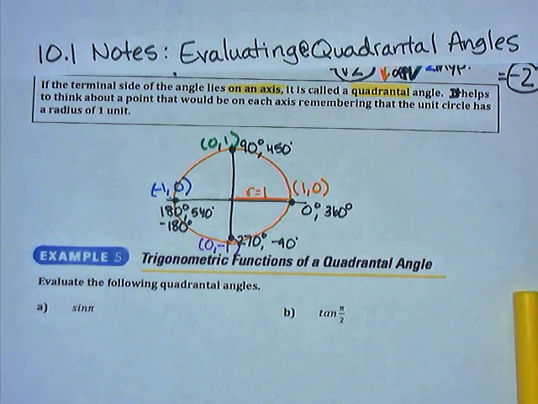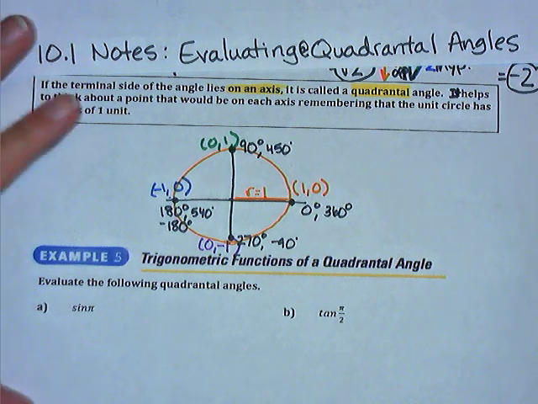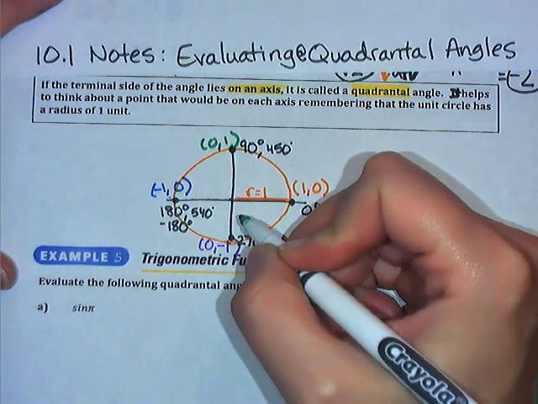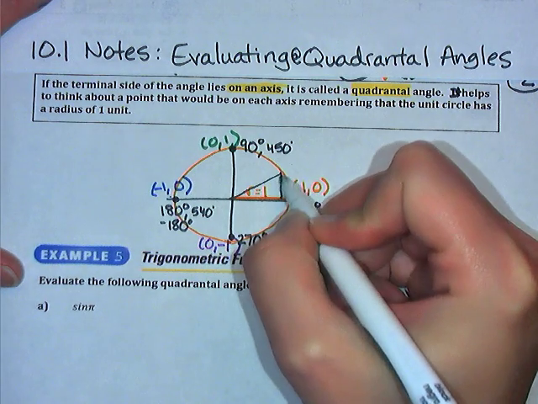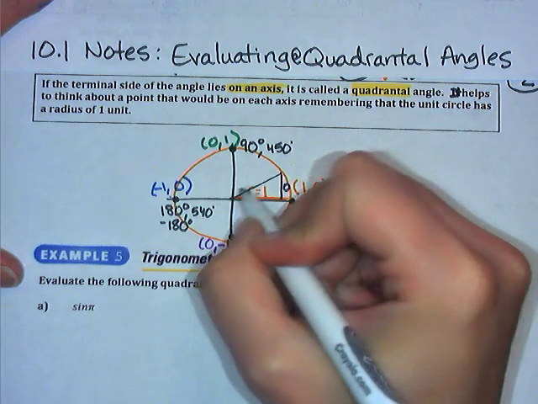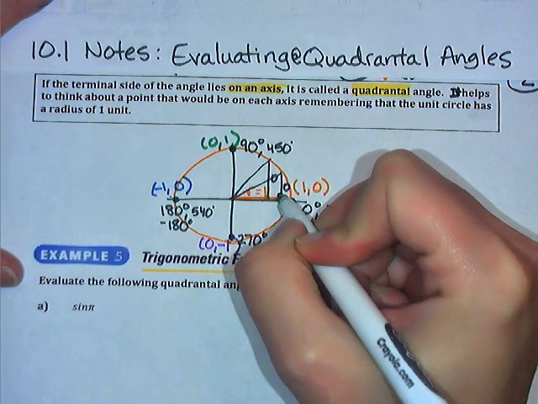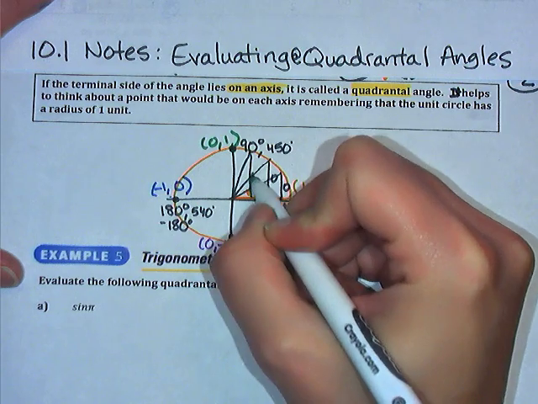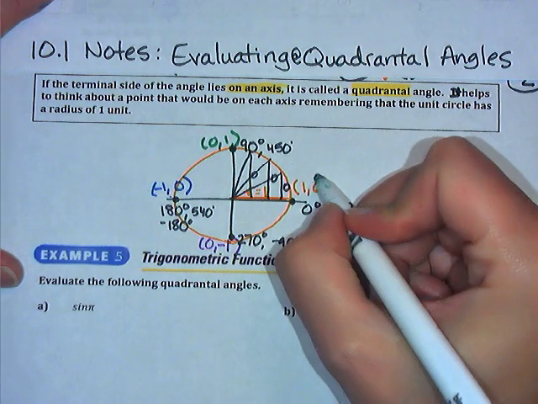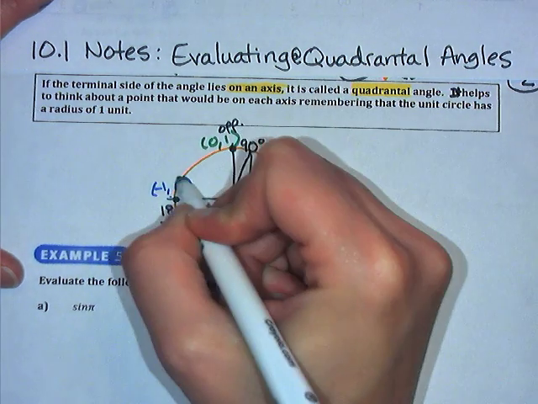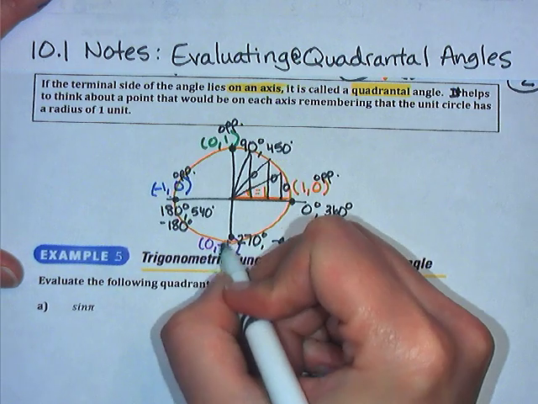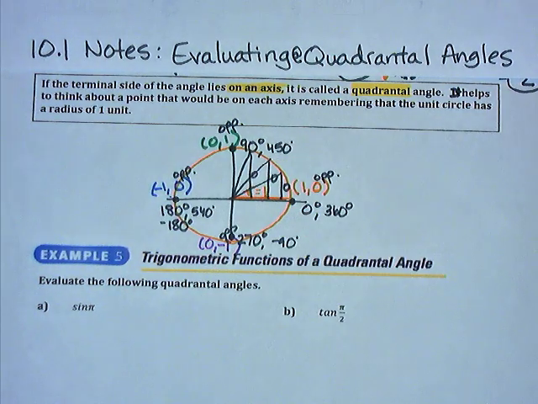And then you just figure out which angle you're looking at, and I'll show you how to get opposite and adjacent here. If you started drawing triangles in here, the opposite is always vertical, since your right angle is on the x-axis. That's the y value. So the y value is always your opposite. And then your adjacent is always the x value.